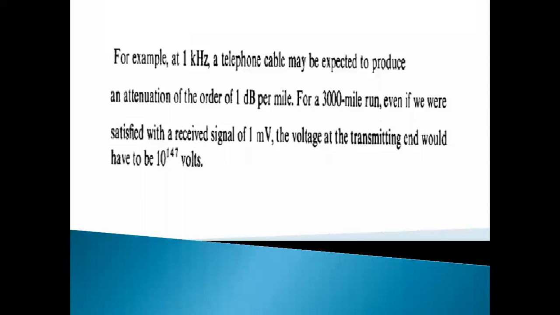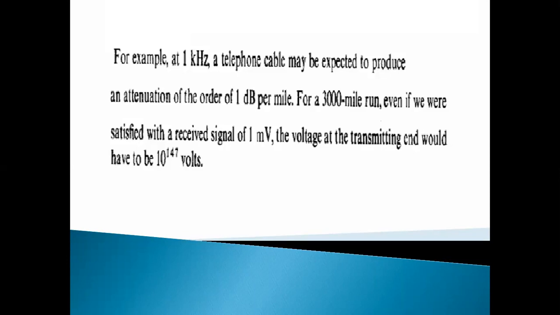The cable length is 3000 miles. Using that 3000 miles cable with attenuation of 1 dB per mile, if you expect a 1 millivolt signal at the receiving end, what would be the signal at the transmitting end?